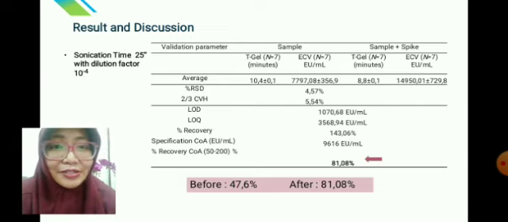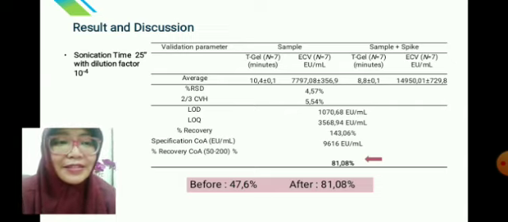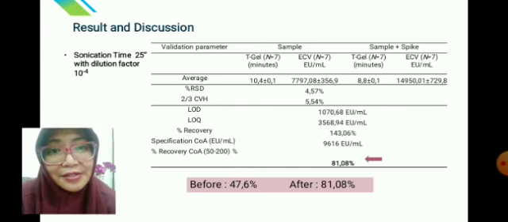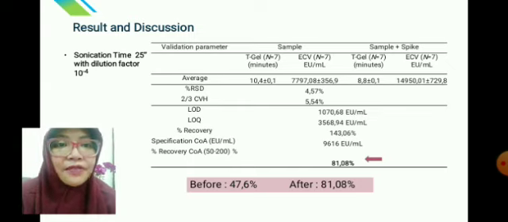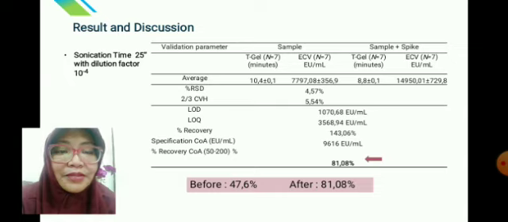In this research, we get information that the data from seven vials randomly picked from one batch has a percent RSD smaller than 2/3 CV Horwitz. It means the data gives good precision. And for percent recovery, according to the COA, it must be between 50 and 200%.